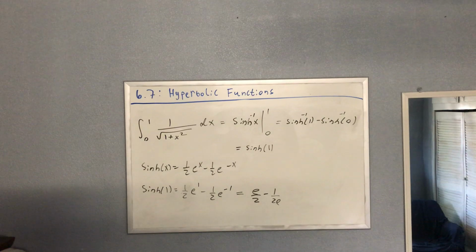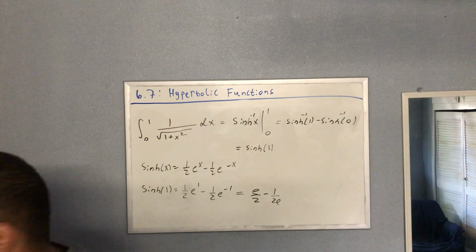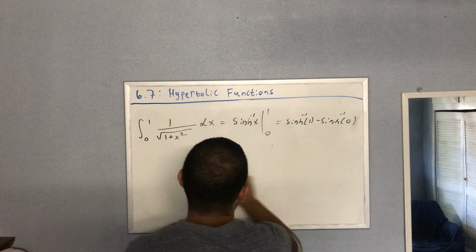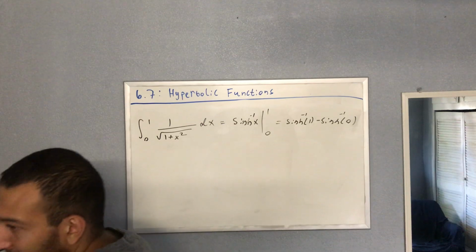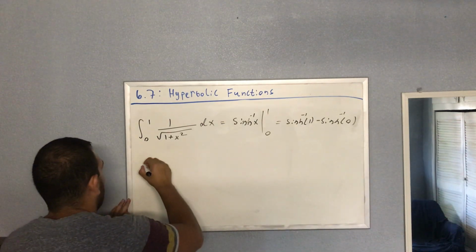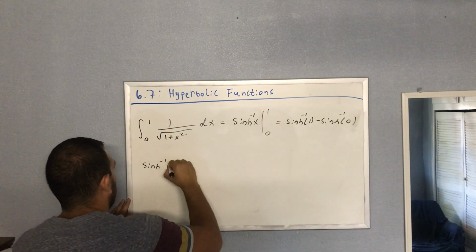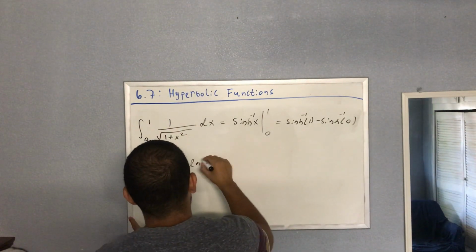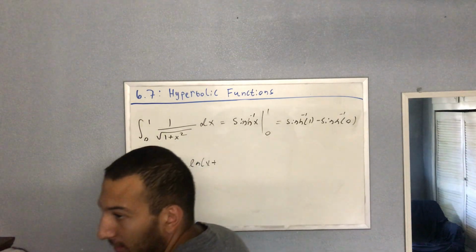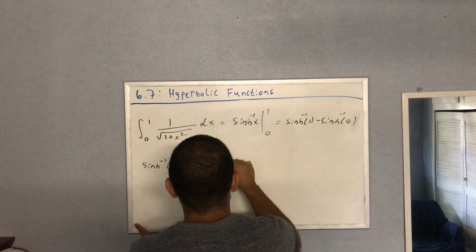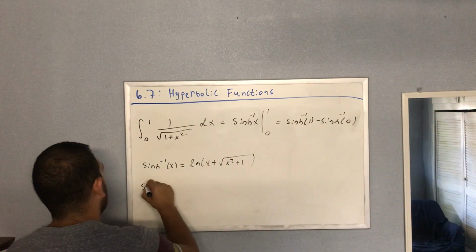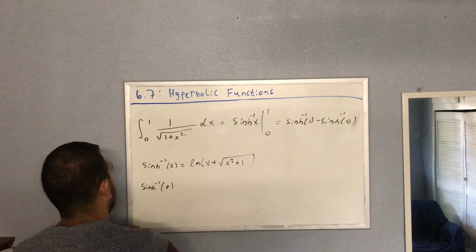So actually, let's recalculate this. I guess it didn't hurt to do this just for practice, but this is not going to be the right answer. As the inverse, I'm so sorry. So sine h inverse, remember, was supposed to be ln of x plus, it's supposed to be this. So what is sine h inverse of 0?